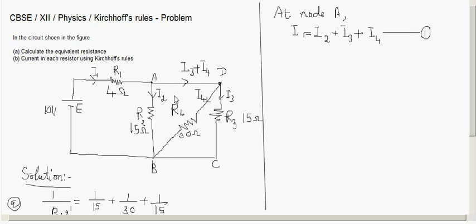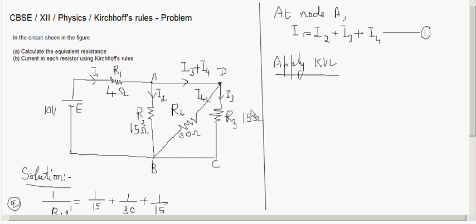Now we can apply KVL to different loops and try to find out the currents I1, I2, I3, I4. Now consider this loop A, D, B. Apply Kirchhoff's second law or KVL or loop rule.